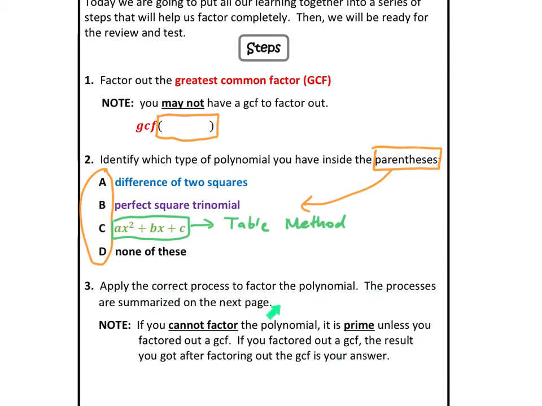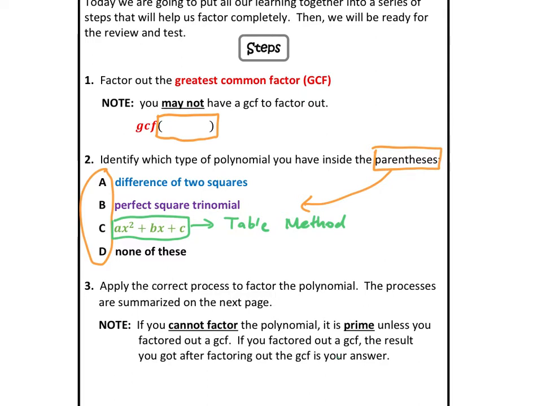On the next page, we're going to summarize the processes again, but we've practiced difference of 2 squares, perfect square trinomial, and the table method. And if you factored out a GCF, the result you got after factoring out the GCF is your answer. So if you only got to step 1 and you took out the GCF, then that's your answer.